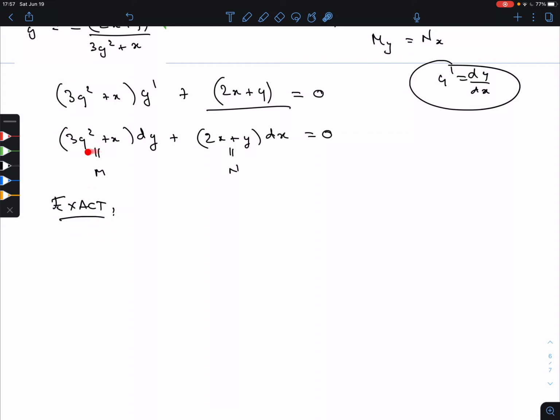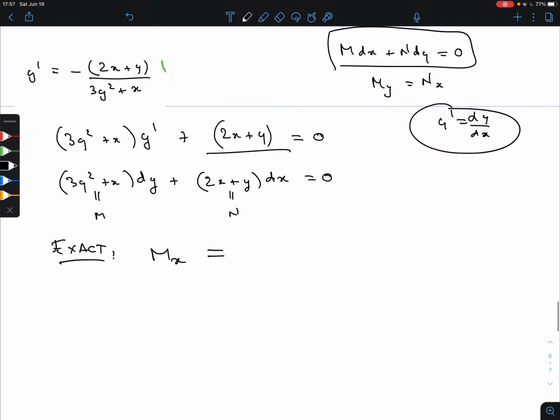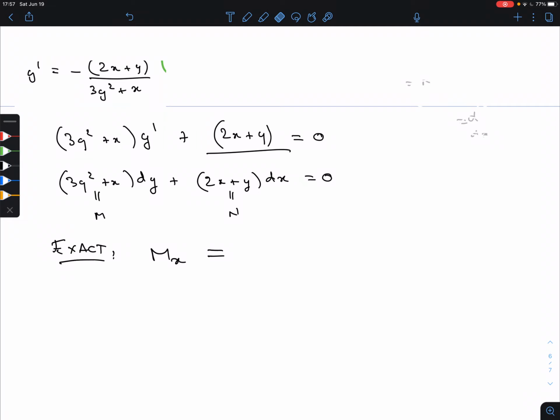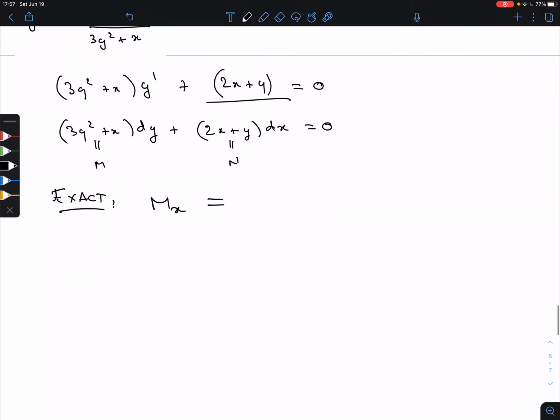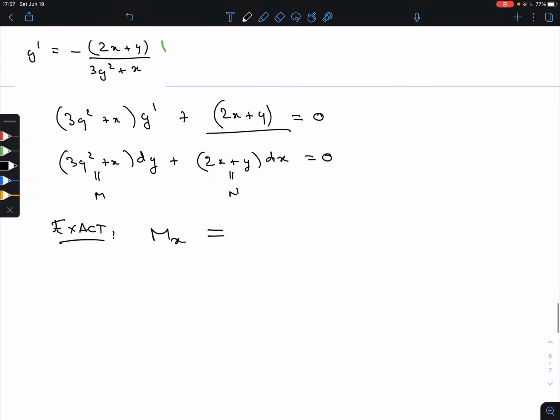This is a function in front of dy, so I have to take the derivative with respect to the other variable. So M_x, that's what I need to calculate. What I wrote down is correct, but the M's and N's are the opposite of what I have here, so that's why I was really confused. That's why formulas sometimes can be misleading rather than helpful.